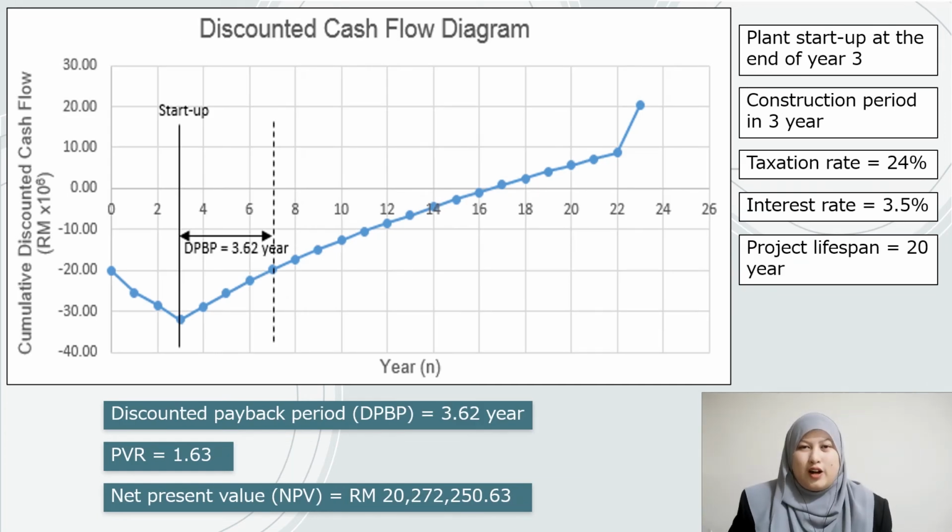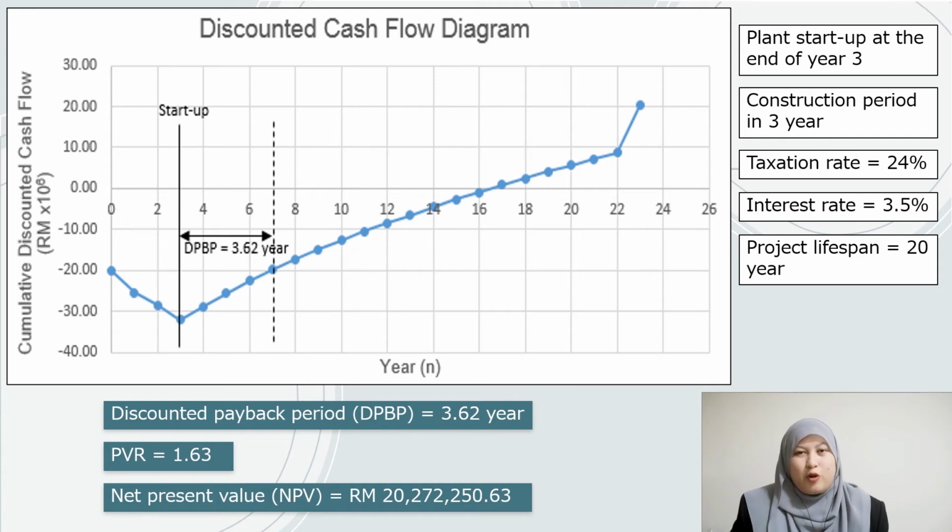From the discounted graph, the discounted payback period is 3.62 years, with the value of PVR at 1.63, which shows that the project is profitable since the value of PVR is more than 1.